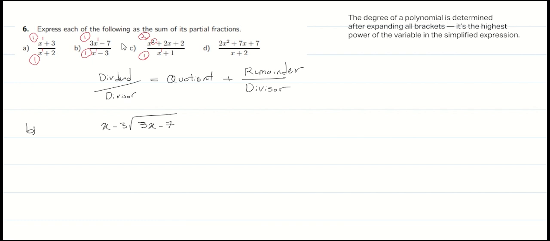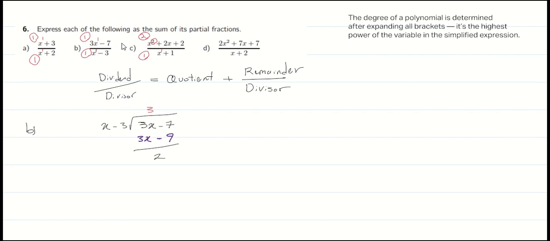So the first thing that we're going to do is divide 3x by x, which would be equal to 3. Now I'm going to multiply 3 by the divisor in here. It will be equal to 3x minus 9. Now I'm going to subtract 3x minus 9 from our dividend, which is 3x minus 7, which would be equal to 2, because minus 7 minus minus 9 would be equal to 2.